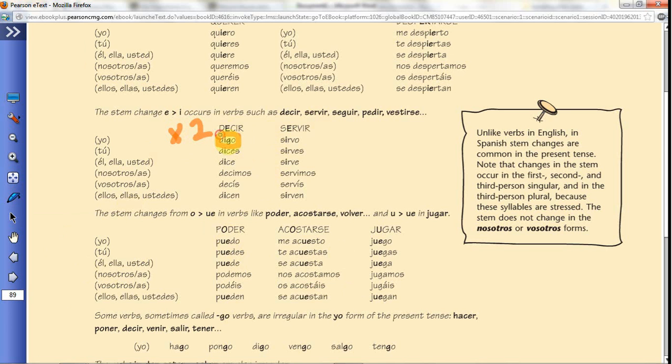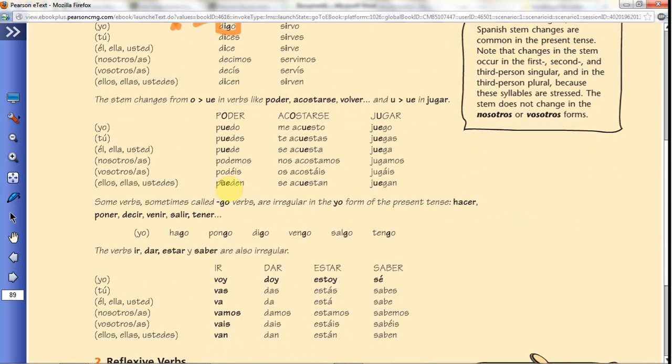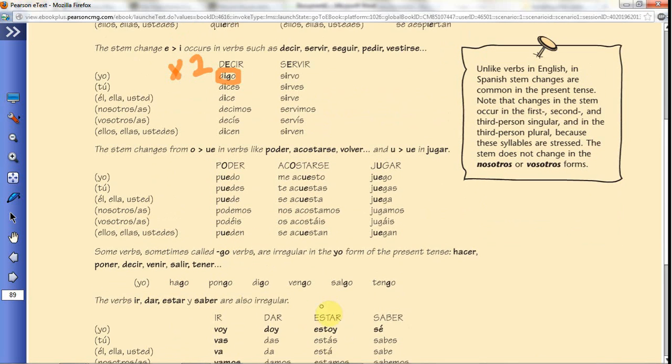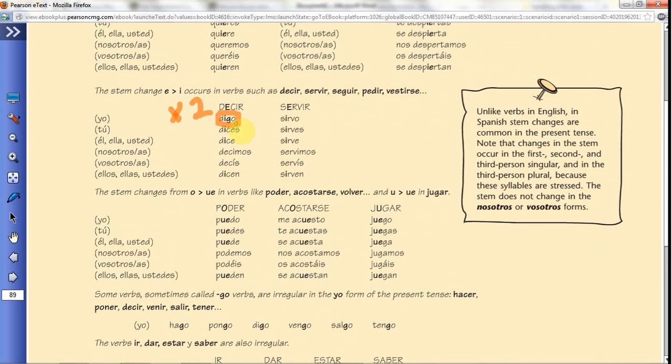Remember these other verbs that are irregular in the yo form, and that's it? Or this one is like the go verbs, but then it also has the stem change throughout except for nosotros, vosotros. So rather than saying yo dico with a C, it's yo digo with a G. And this has a similar change except that the yo form is not different. There's no G there.